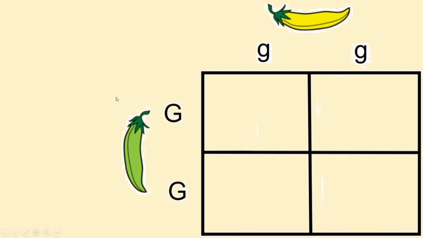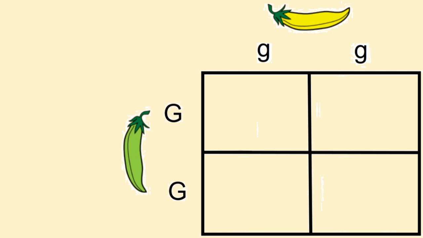So our particular green pea pod here has two dominant alleles. So it's got big G and big G. Our yellow pea pod here, because it's turned yellow, must have two recessive alleles. Now, those two alleles can pair up differently in the offspring.